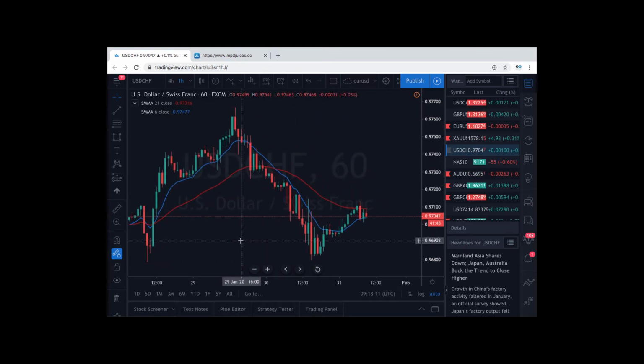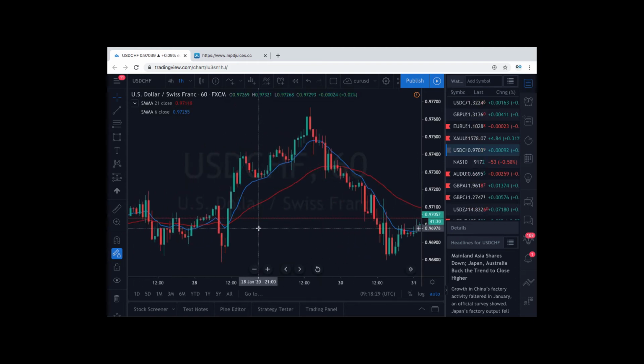So how we actually use this indicator to our advantage is that whenever the faster moving average crosses over the slower moving average from the top going down, then we're looking for sell opportunities. Whenever this blue line, the faster one, crosses the red SMA, the slower moving average, from the bottom going up, then we're looking for buyers.